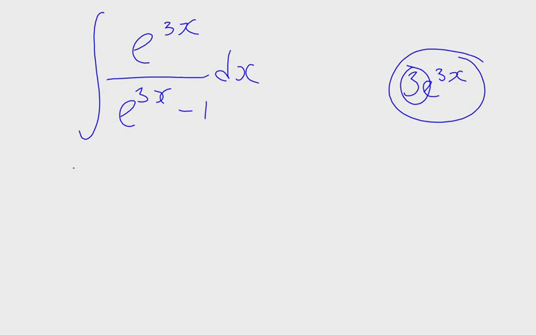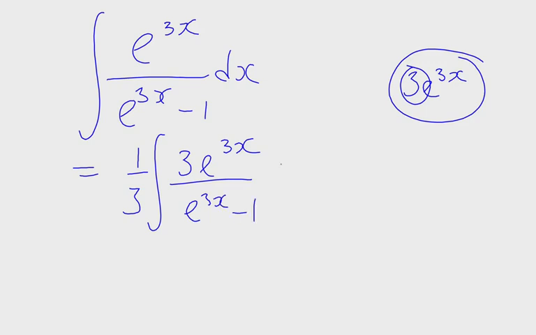So that question will now be written as 1 over 3 times the integral of 3e^3x over e raised to power 3x minus 1 dx. What we did here is multiply by 3 and also divide by 3, because 3 is needed here. So the question is now written like this.